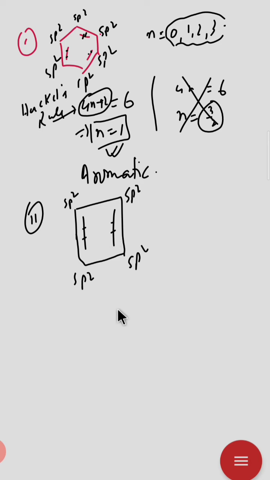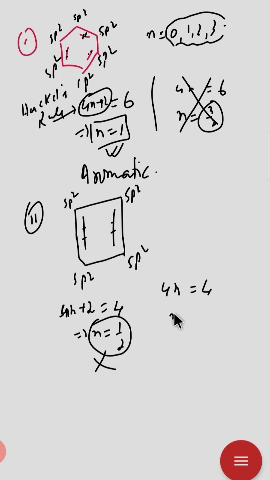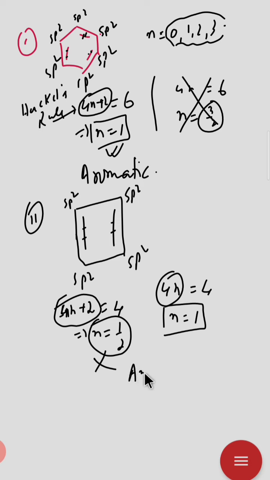If we equate to 4n plus 2 following Huckel's rule and calculate n, we get a fraction like 1 by 2, which is not a whole number, so it does not follow Huckel's rule and is not aromatic. Then we equate the 4 pi electrons with 4n, and n equals 1, which is one of these numbers, so this compound is anti-aromatic.